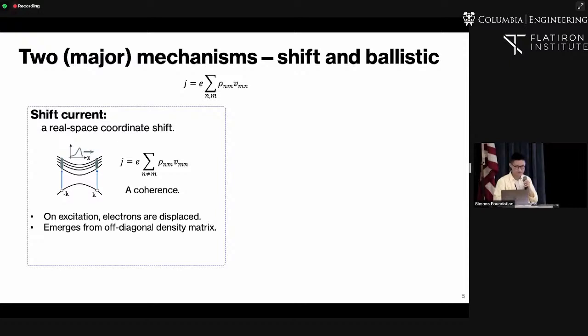So that will give you a DC current when you shine light on this material. And it's really an intrinsic phenomenon. It doesn't really rely on any kinetic parameters such as the relaxation time. And the shift will be finished once the excitation is finished. So that's for the shift current.